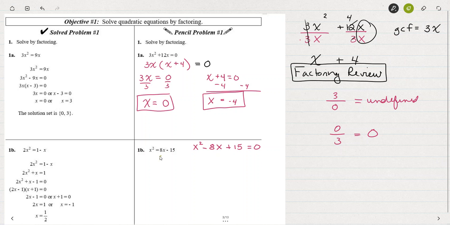If I subtract 8x from both sides and add 15 to both sides, then the left side of the equation gives me what I have shown here. X squared minus 8x plus 15. And the right side, the 8x minus 8x cancel out. Negative 15 plus 15 cancel out to 0, so that's where that 0 comes from.